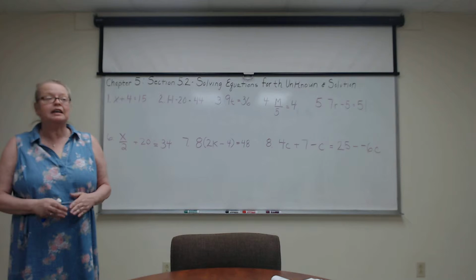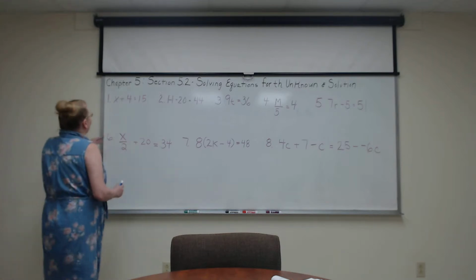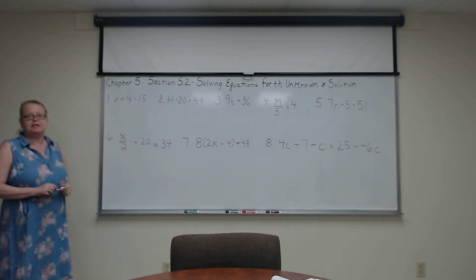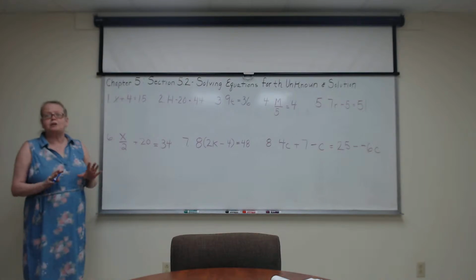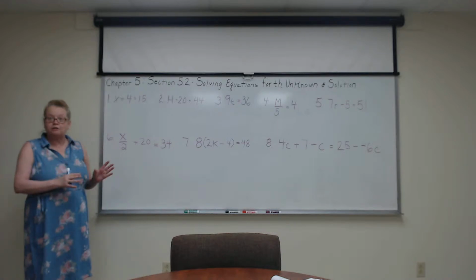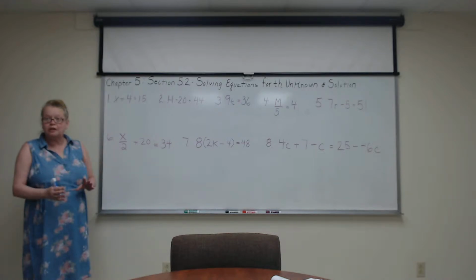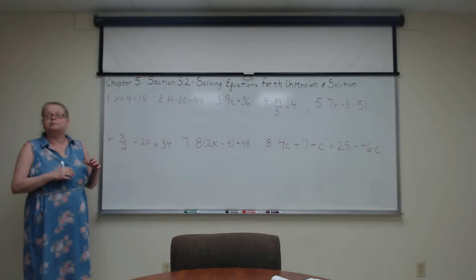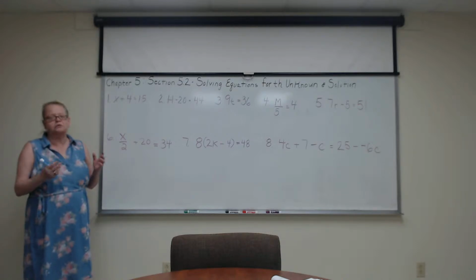So let's go ahead and take a look at our first one here. We have x plus 4 equals 15. Some of the things that I start out by telling people is basically one of the cardinal rules that you need to remember: letters on one side, numbers on the other, okay? And I'm referring to the equal sign, of course.